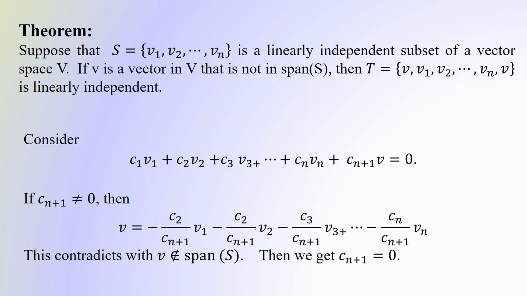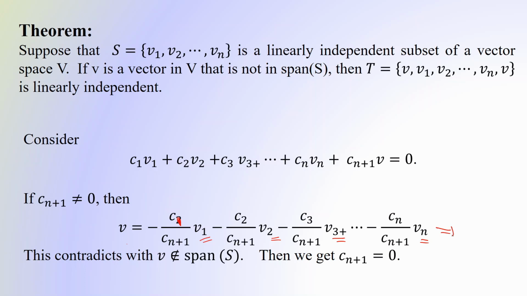But in this case v can be written as a linear combination of v1, v2, ..., vn.